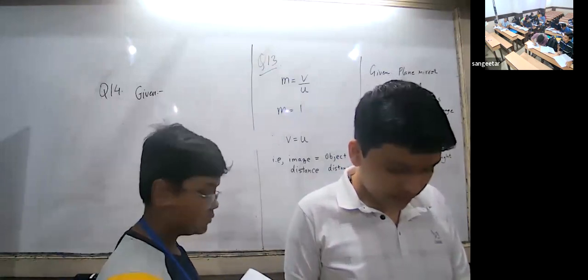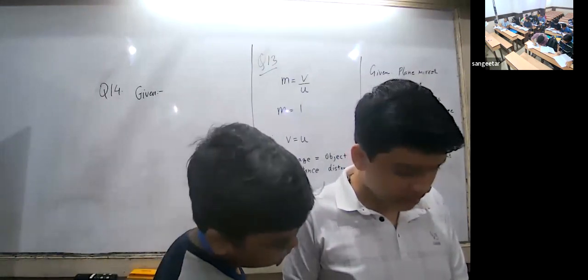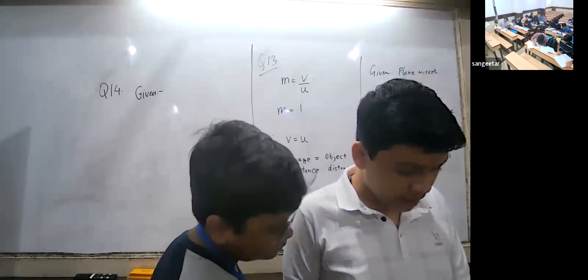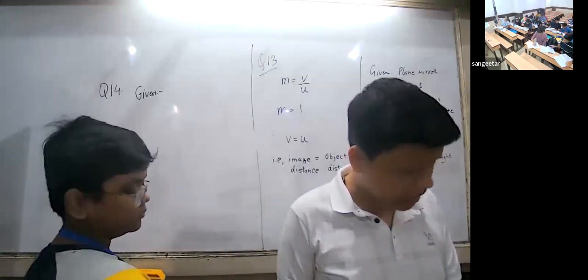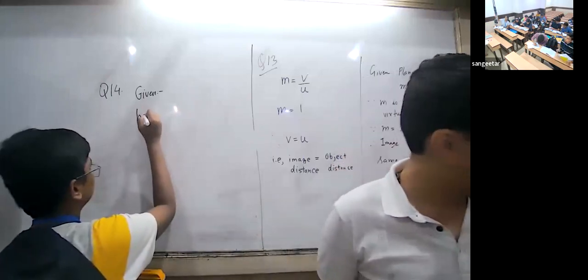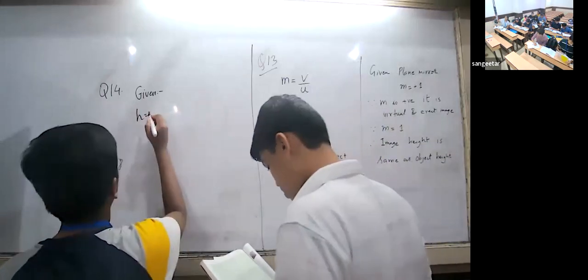The object 20 centimeters in front of a convex mirror of radius of curvature 30 centimeters. Find the position of the image, its nature and. हाँ, तो सब फर्स्ट राइट डाउन गिवन.